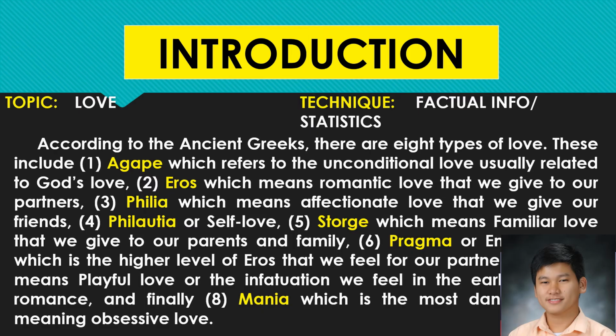Eros, which means romantic love that we give to our partners. Philia, which means affectionate love that we give our friends. Philothea, or self-love. Storge, which means familiar love or that we give to our parents and family. Pragma, or enduring love, which is the higher level of eros that we feel toward our partners.